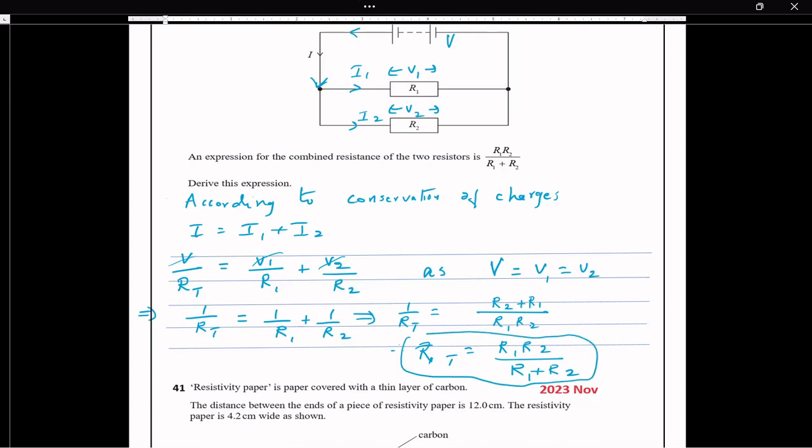This is the way you can prove it. So we reach till here, then take the LCM R1 times R2, then flip and get the value of R total alone. So it is R1 R2 by R1 plus R2.